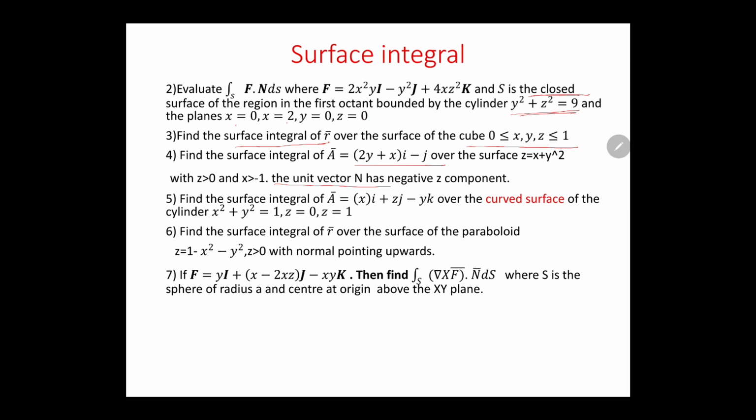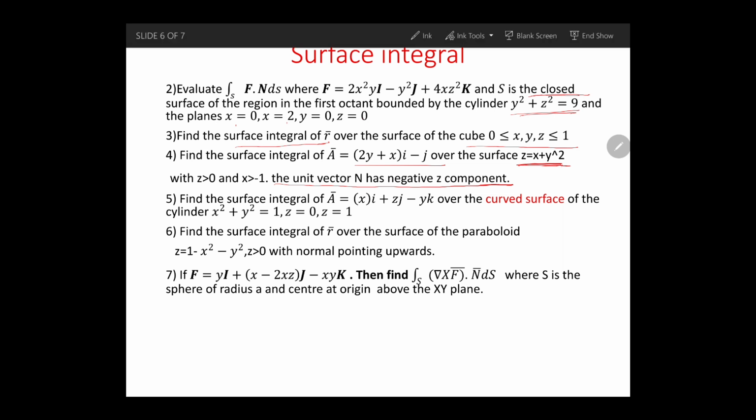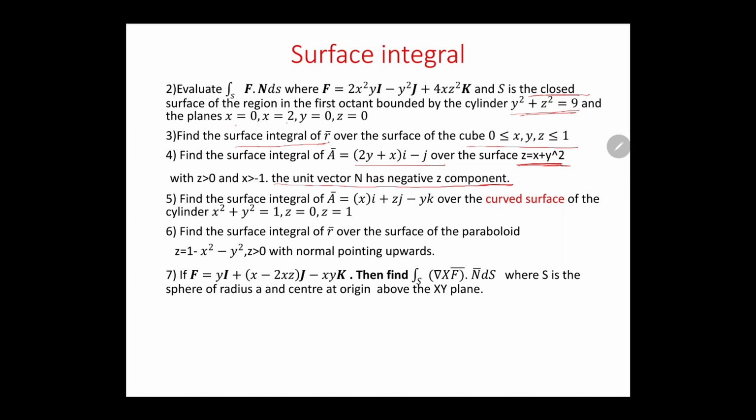So this is one piece of information he has given. So what is the surface? Find the surface integral over the surface z is equal to x plus y square, with z greater than 0 and x greater than 1.